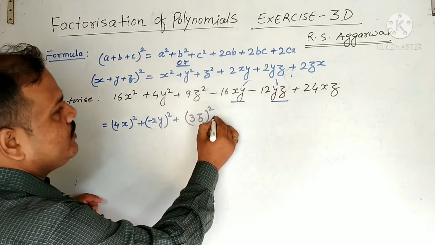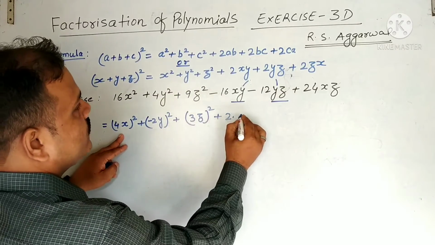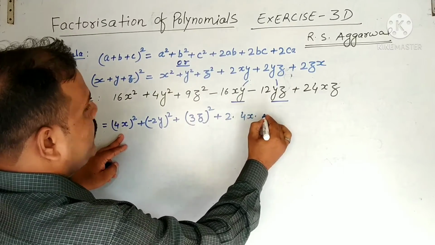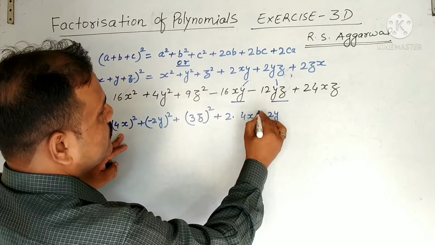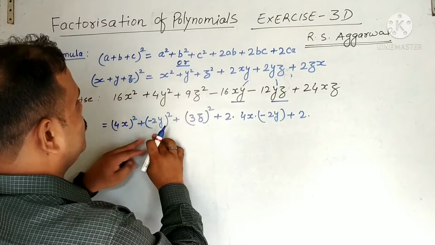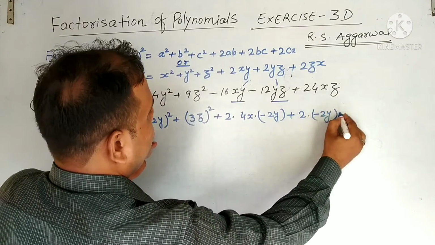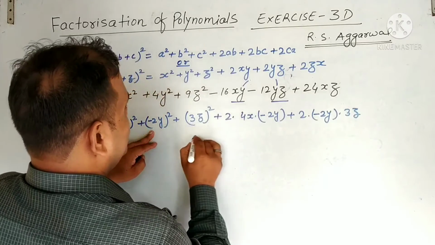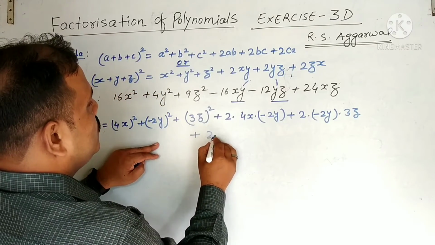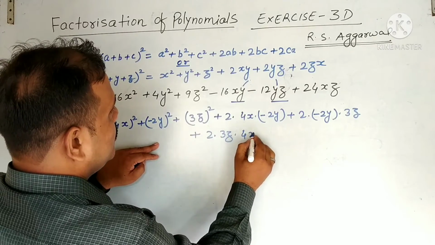Okay. Now proceed. Plus 2xy means 4x into minus 2y. Plus 2 into yz means minus 2y into 3z, plus 2 into 3z into 4x.